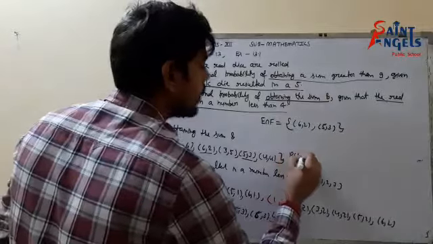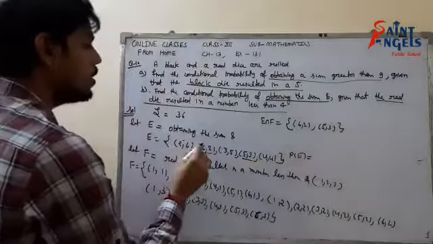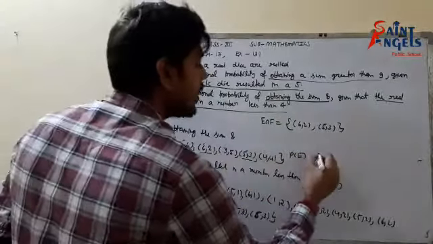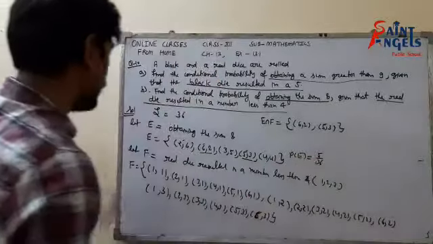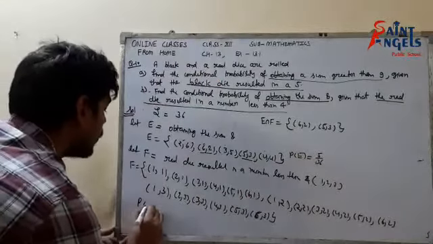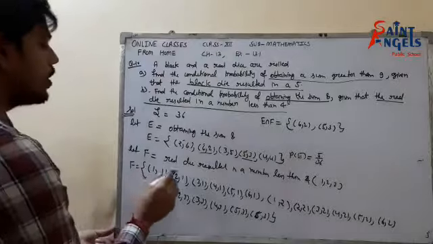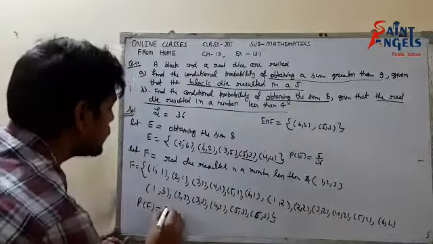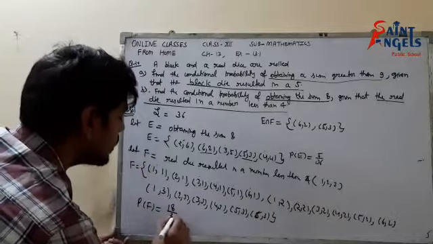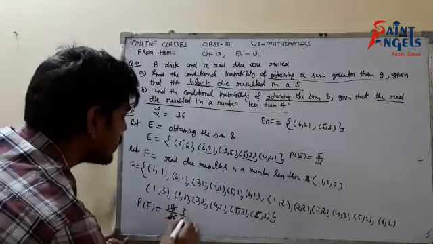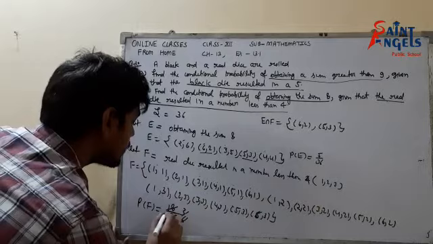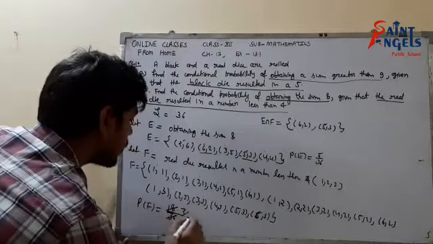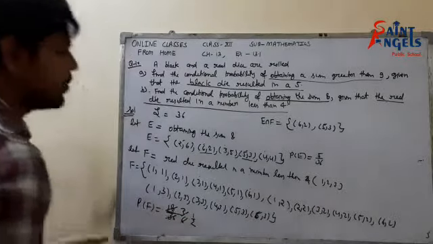The probability of event E would be 5 by 36. The probability of event F would be 18 by 36, which is 1 by 2.